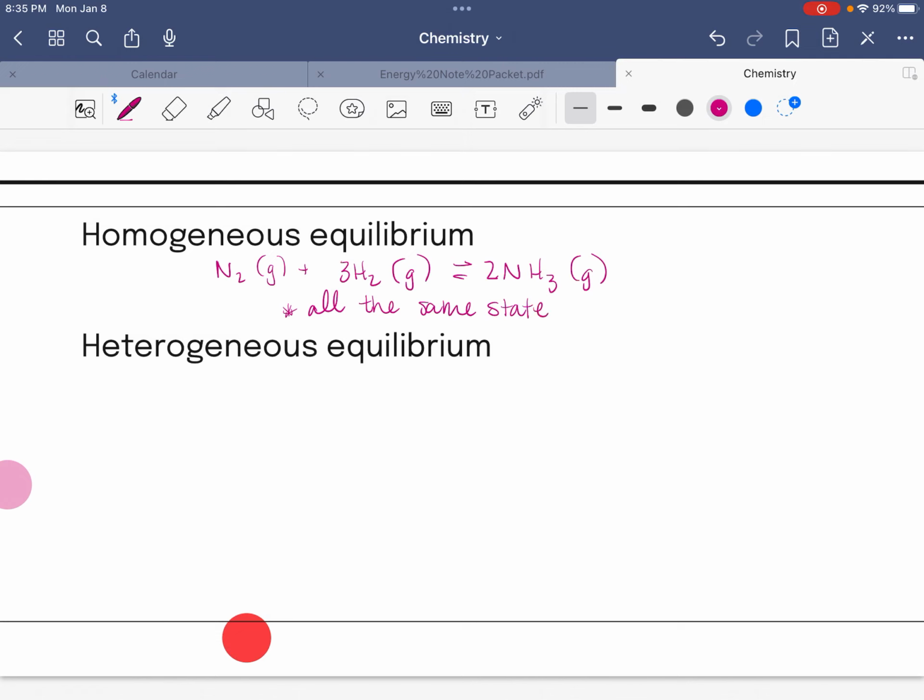They're all gases. So this would be a homogeneous equilibrium because we're dealing with concentrations of 3 gases.